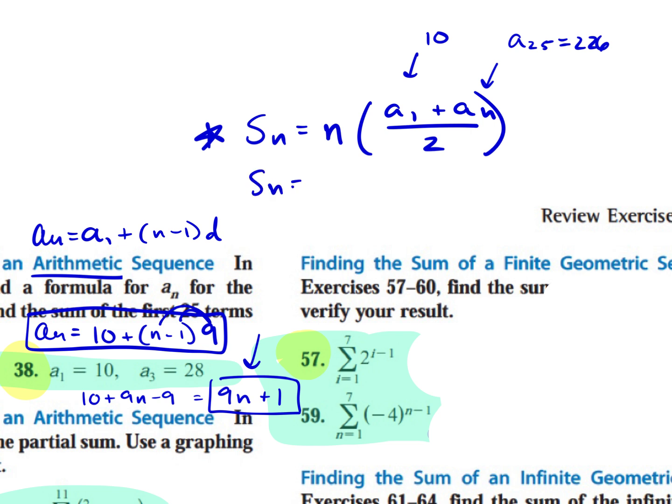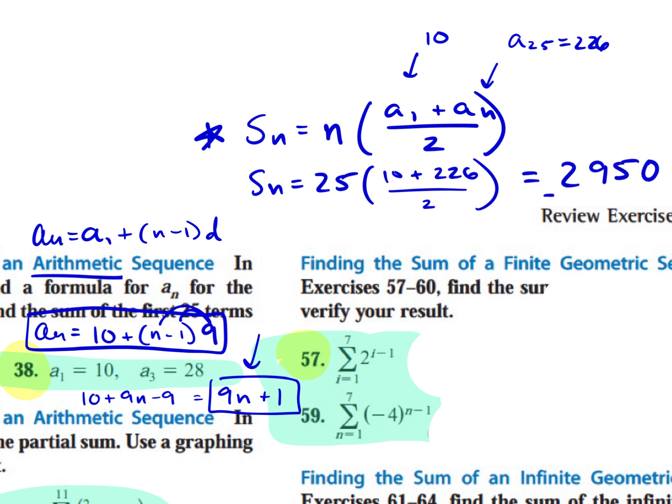So our sum would be 25 times 10 plus 226 over 2. That will give you 2,950. So this would be our sum.